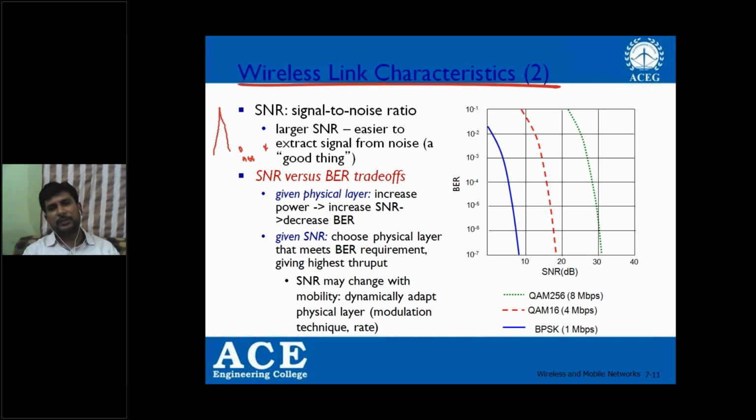If the signal strength is much higher, it means the noise component is very low compared with the signal strength, and you receive a better signal. But if the noise component is more than the signal, SNR will be low, and definitely you will have more noise than the actual signal. So generally, even if all other scenarios are constant, it's better to have a higher signal to noise ratio.